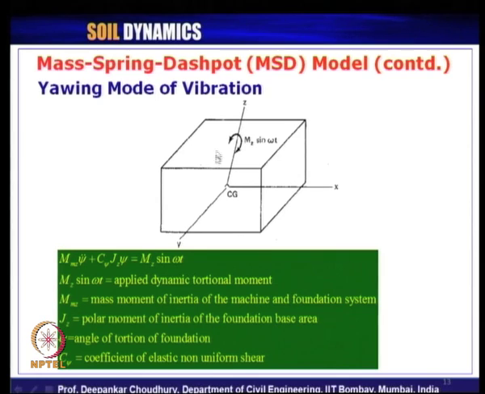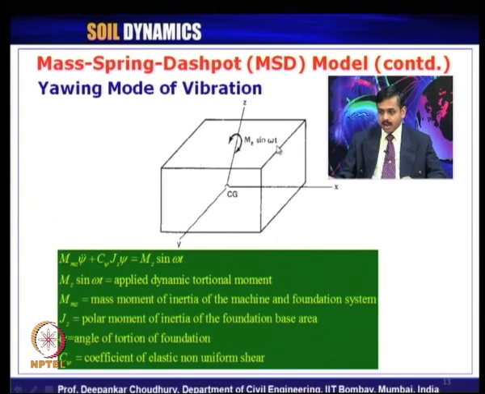block type of foundation is rotating about the z axis, and about the z axis the externally applied moment or torque is given, which is Mz sin omega t. In this case, the governing equation of motion, by considering a single degree of freedom mass-spring-dashpot model, can be written like this. Suppose psi is the rotational displacement about this z axis because of this applied dynamic load.